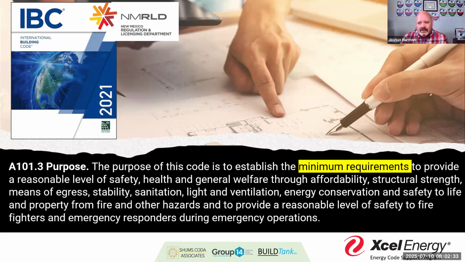And that gives us an appreciation of things like means of egress and fire rated assemblies, how we ventilate buildings properly, how we fasten different components together to make sure that the roofs don't fly off, right? And then we get into energy conservation, where we really see the importance of proper documentation in order to ensure full project success.